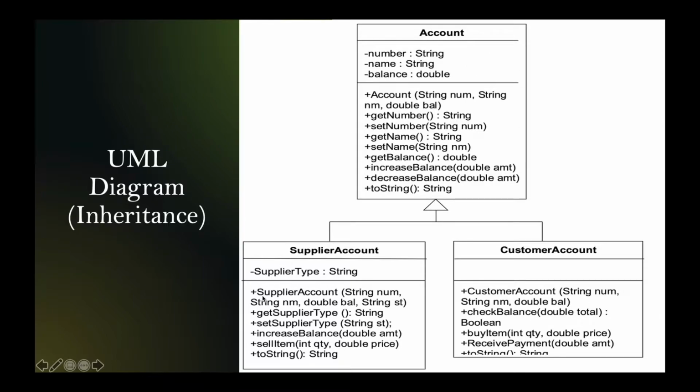Then the supplier account will extend the account class. When you use extend, both of them have the same properties. They share the properties, and the supplier account has more properties.